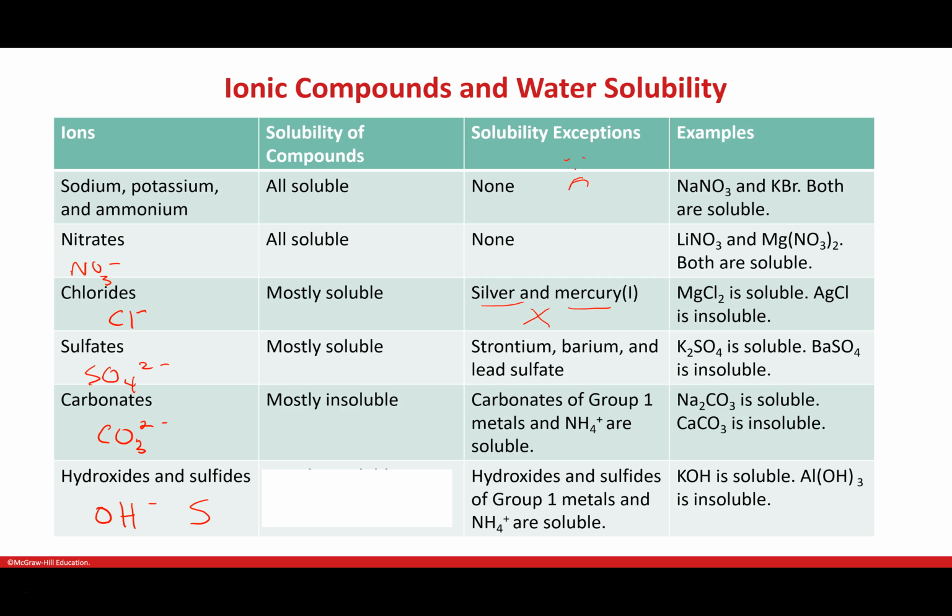Negative, -2. Yep, -2 or 2 minus. Perfect. So that's sulfide and that's hydroxide. If you see these in your formula, they're mostly insoluble, but the exceptions are if they are combining with group 1 metals.